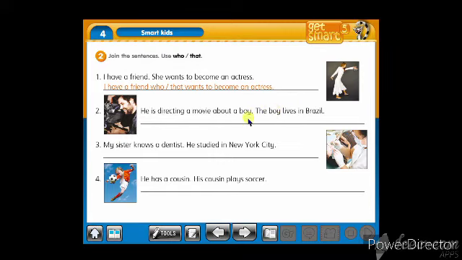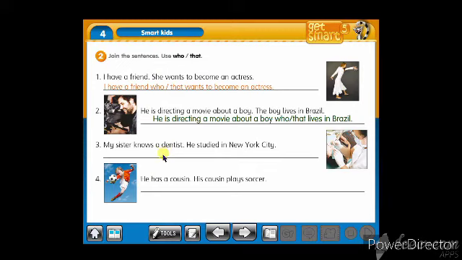What would be the answer? He's directing a movie about a boy who lives in Brazil. 3. My sister. My sister knows a dentist. He studied in New York City.